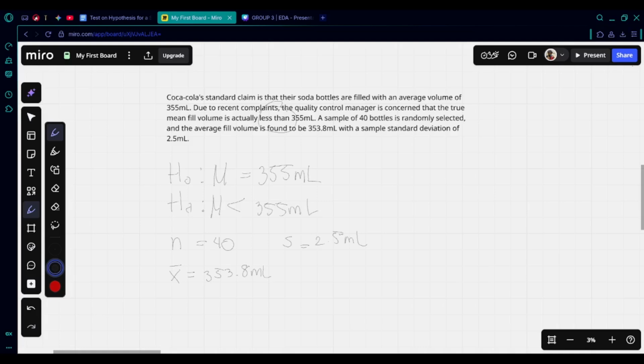Since the variance is unknown, and our n is greater than 30, we will use the z-test.